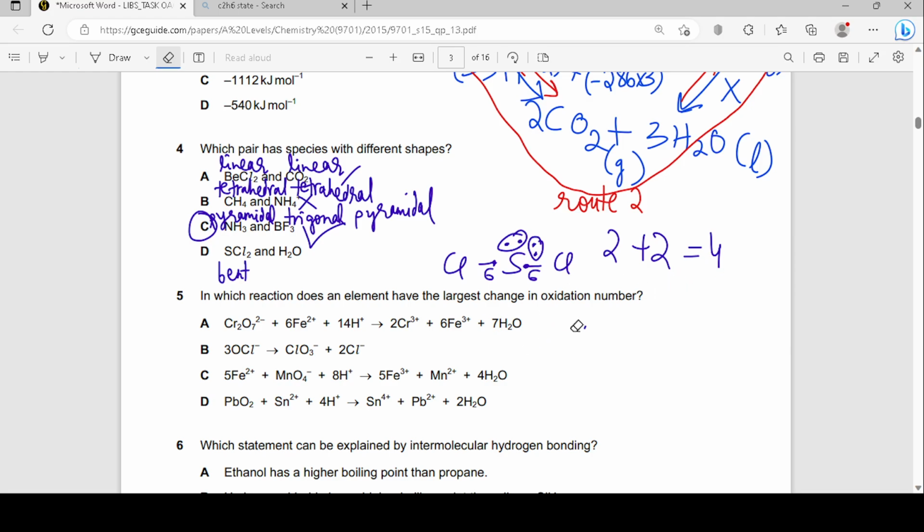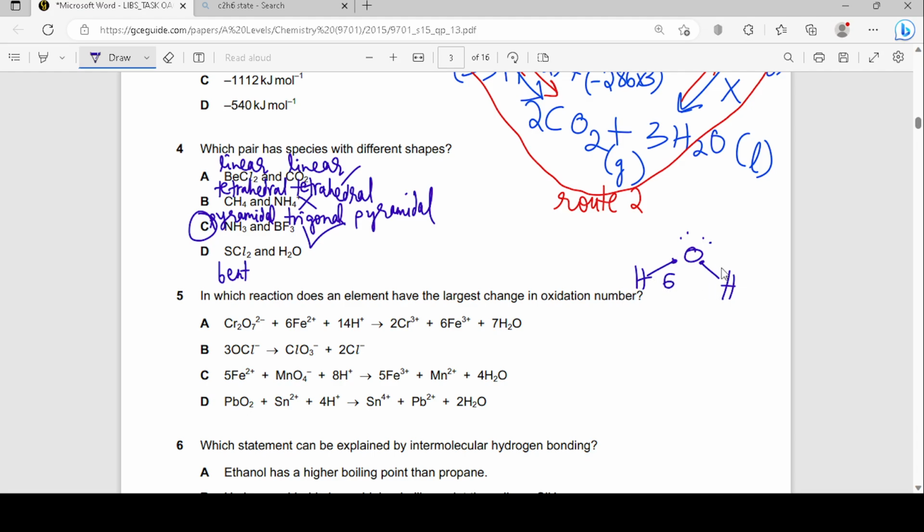H2O. O, H, right? So oxygen is also in group 6, so it has 6 electrons in its valence shell. 2 are bonded to either of the hydrogens, one here and one here. And then there are two lone pairs.